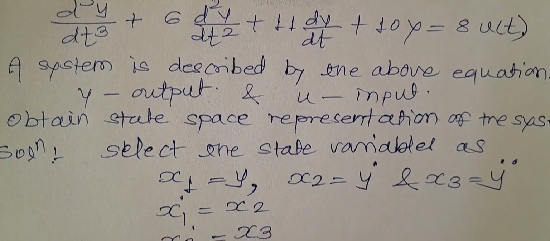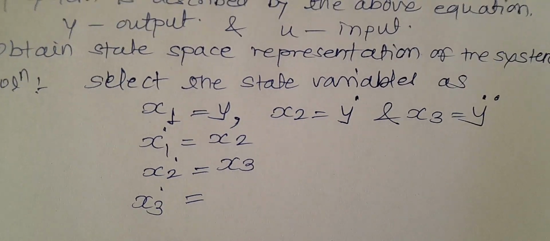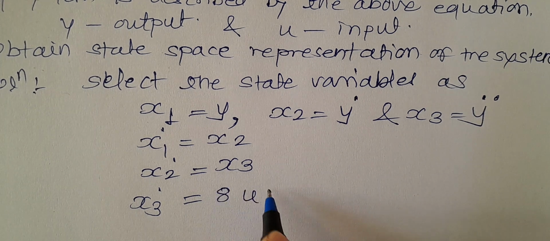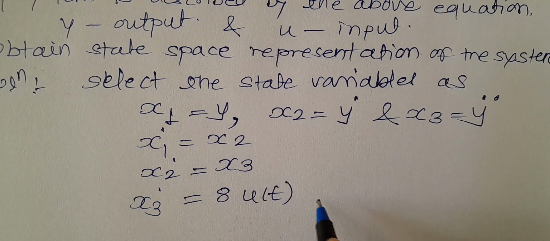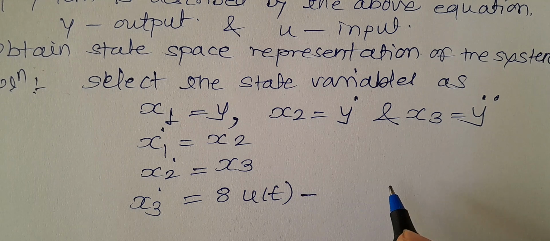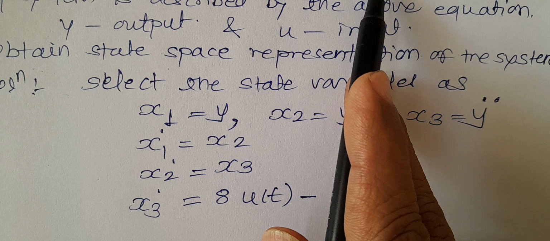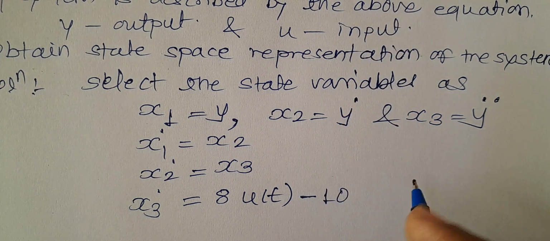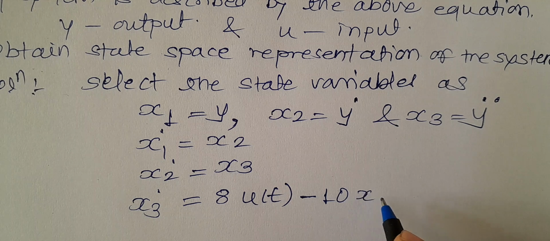So therefore we can write the equation like this: 8 into u of t minus 10 into x1, minus 11 x2, minus 6 x3.